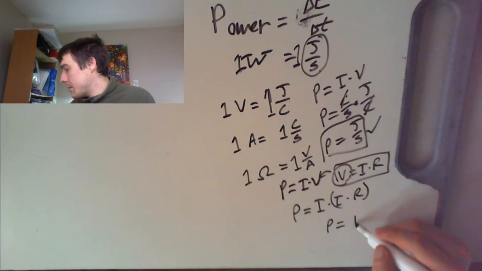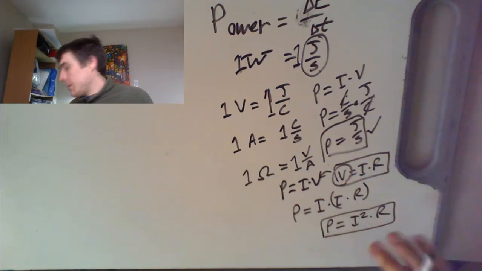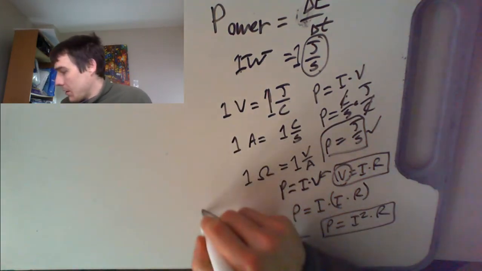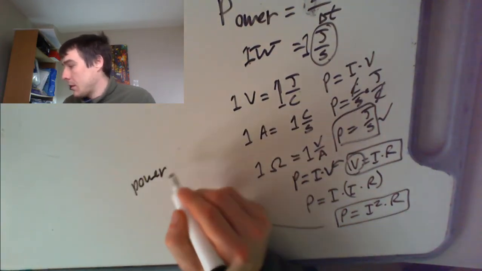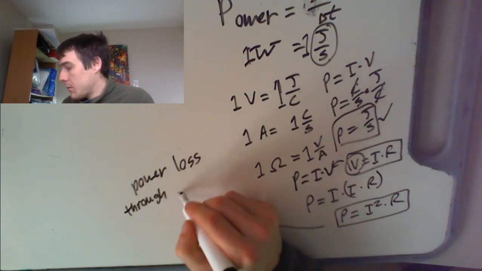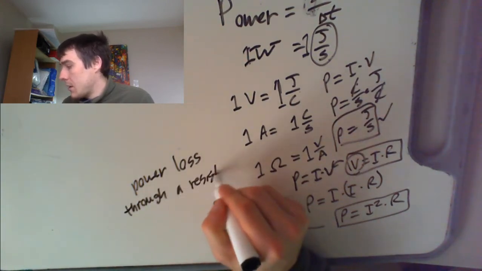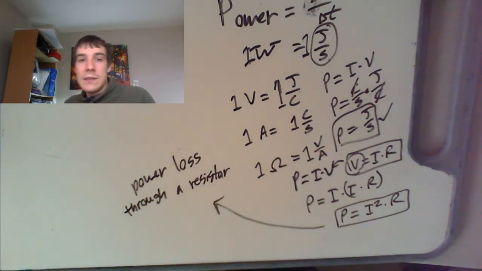And so power becomes I squared R. P equals I squared R. This is a really good equation for the power loss through a resistor. Because you don't need to know the voltage. You just need to know the resistance and the current, and it's always going to give you the same power loss, which is kind of cool.